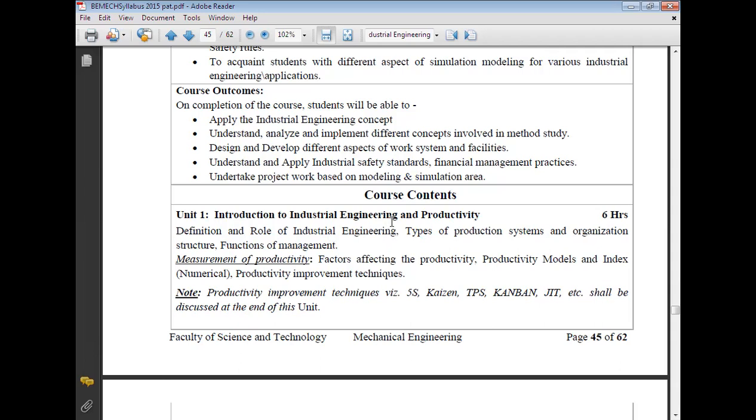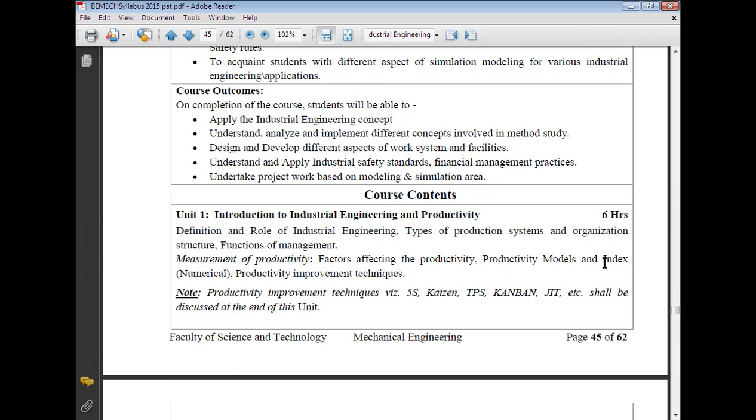Secondly, in the part B of this particular unit, we will be discussing measurement of productivity. Here, the factors which are affecting the productivity that we will be discussing.